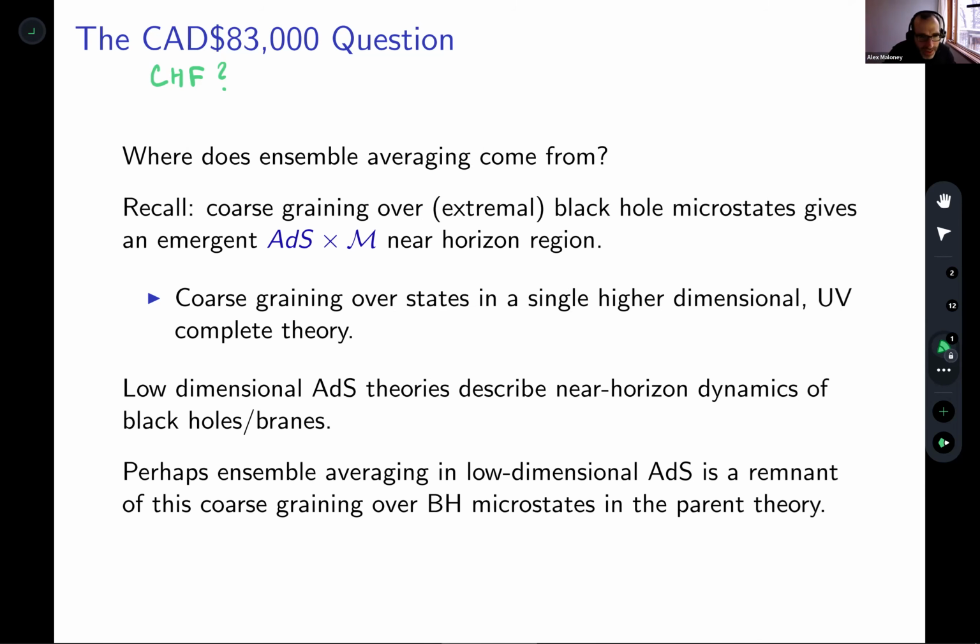Then averaging over states in an individual theory should become an average over theories from the lower dimensional perspective. And so what I really think is that this ensemble averaging picture is a kind of remnant, a sort of echo of this coarse graining procedure over black hole microstates that appears in higher dimensions. Okay.